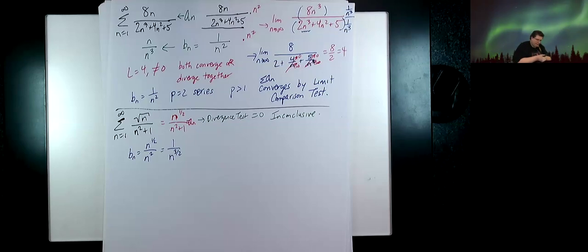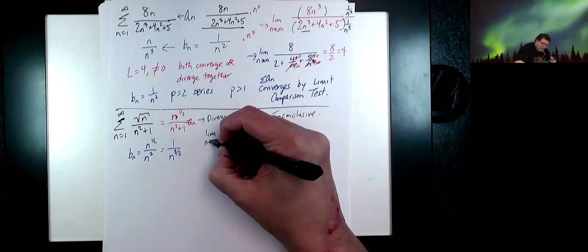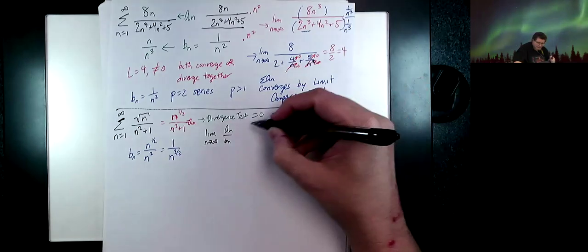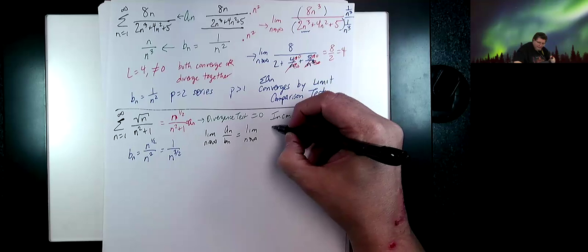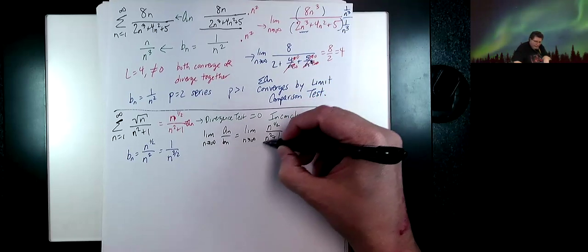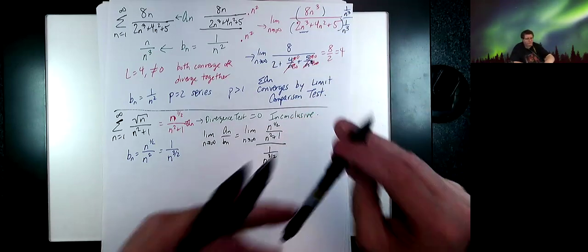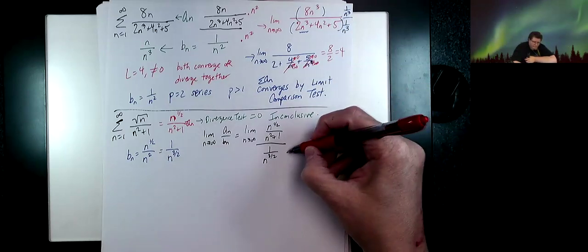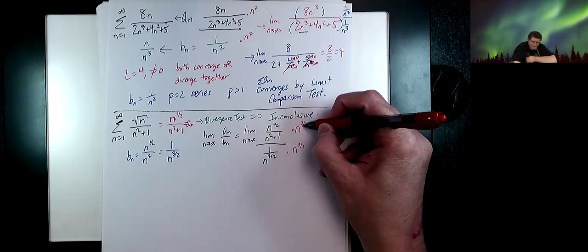Okay, so if we do this as limit as n goes to infinity of a sub n over b sub n, I've got limit as n goes to infinity of n to the 1/2 over n squared plus 1, and b sub n is 1 over n to the 3/2. Multiply top and bottom here by n to the 3/2.